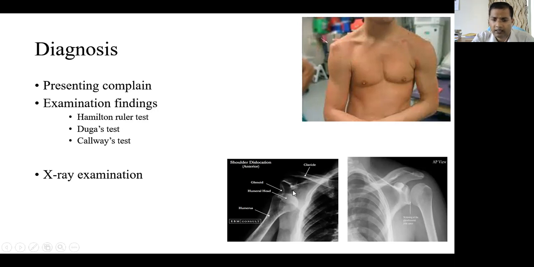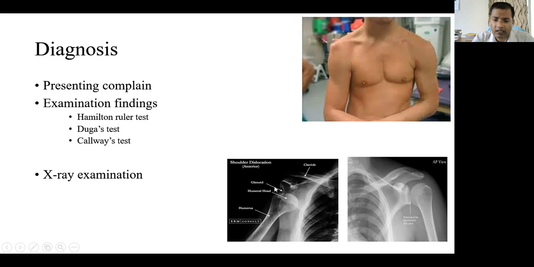So this is a clear case of anterior shoulder dislocation. In this other picture, this is the humerus head and it is dislocated posteriorly, and this is the glenoid. You can see the anterior border of the glenoid cavity and also the posterior border of the glenoid cavity. So this is the case of posterior dislocation.